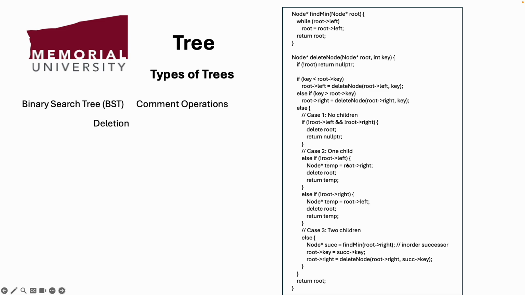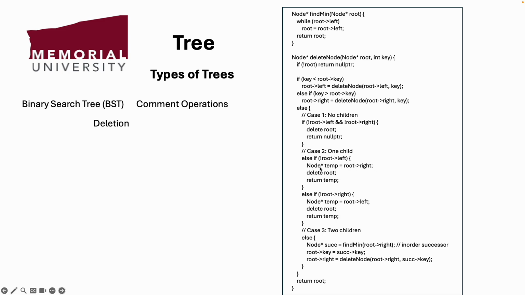If the root left is none, it means they only have a right child.